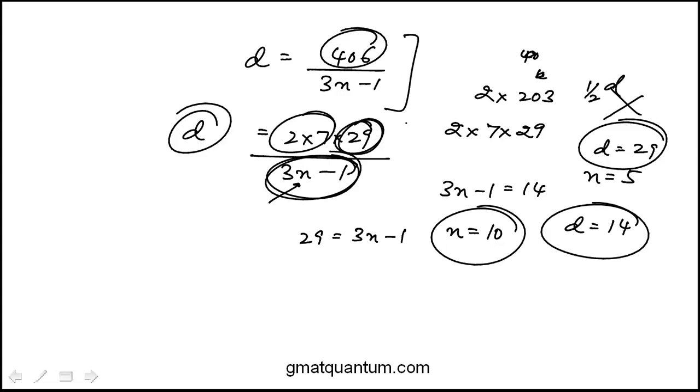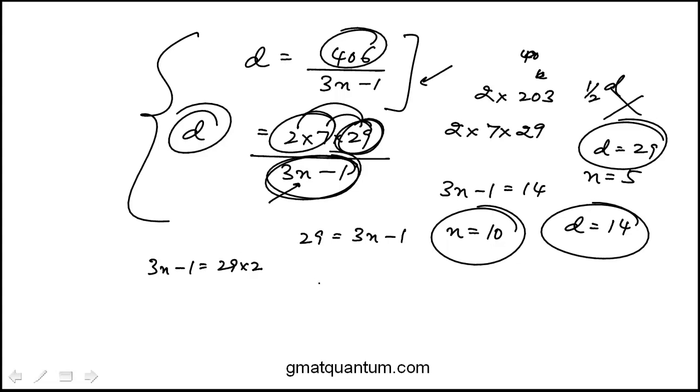But this is not what I did in the exam. It seems good now, looking at it after the fact, but sometimes it can be difficult to do this in the exam under pressure. But I just wanted to show you that there is another way out. There's also the third possibility, 3n minus 1 could be 29 times 2. Well, that doesn't work because n wouldn't be an integer.